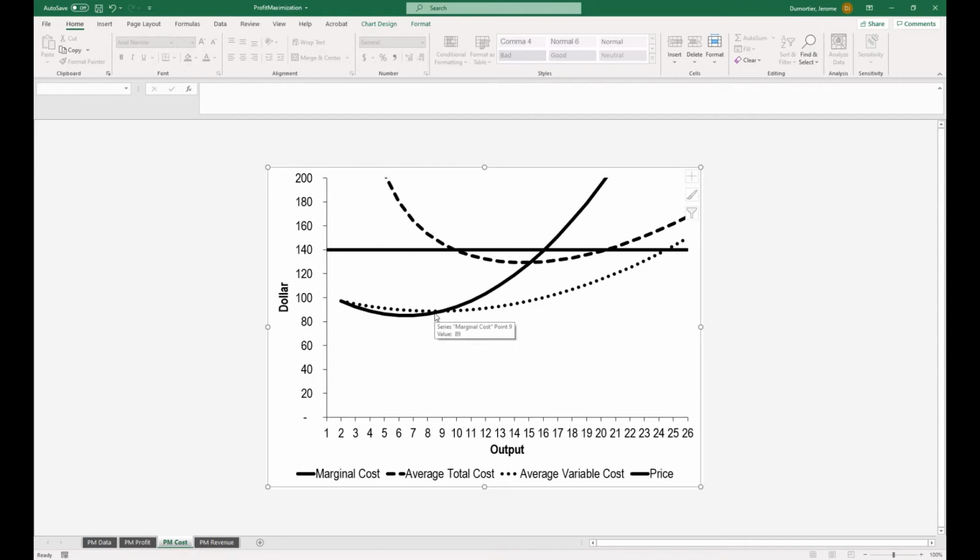The marginal cost function, or certain parts of the marginal cost function, represent the supply function of the firm. When I say certain parts, that means the part which is above the minimum of the average variable cost. Okay? Because if the price is below the average variable cost, we are making a loss and we are shutting down. Okay? So this is an extremely important finding.